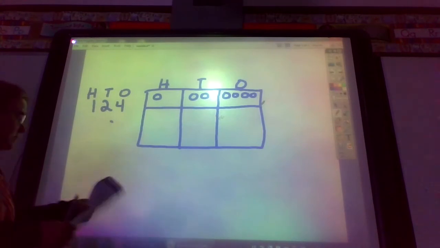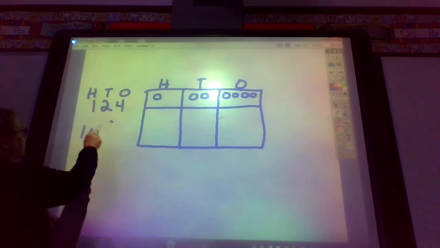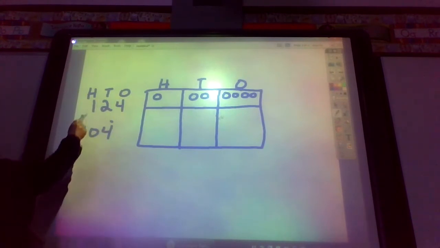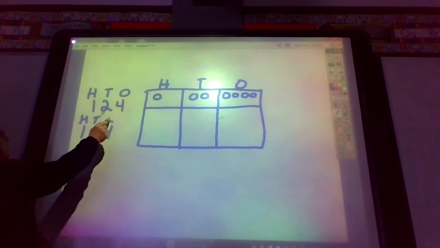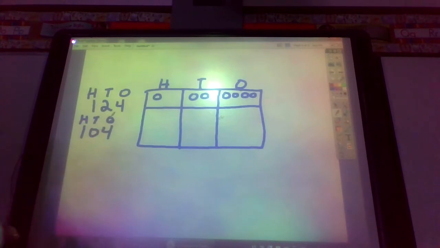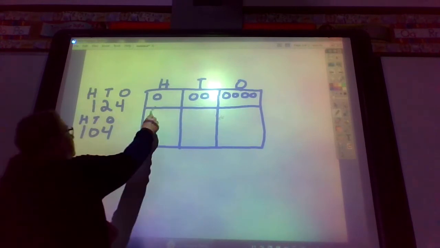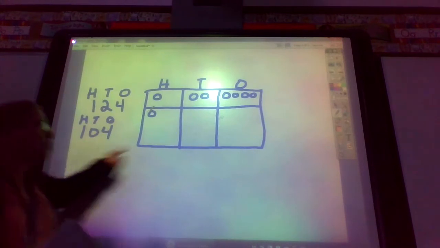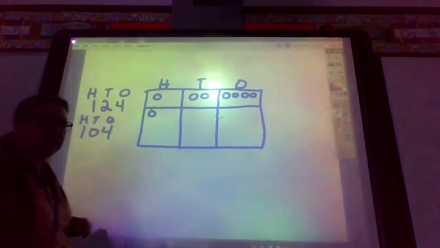Okay, number C says 104. I have, let's label, hundreds, tens, ones. How many hundreds? 1. I have 100. How many tens? 0. I'm not going to draw anything in my tens.